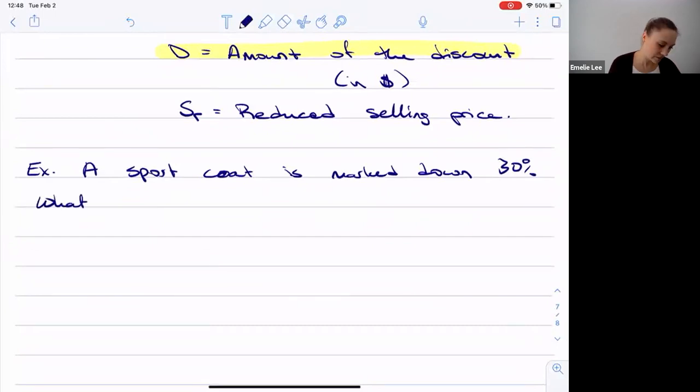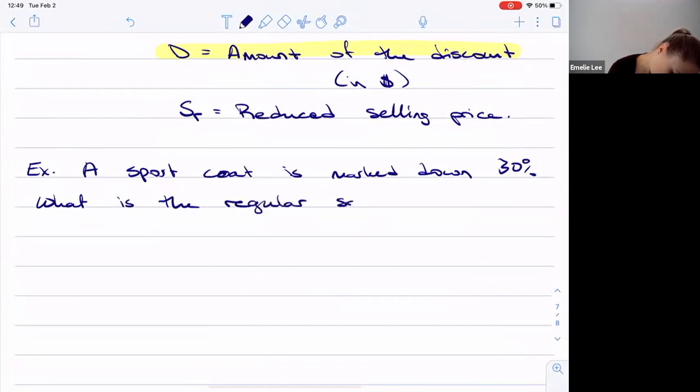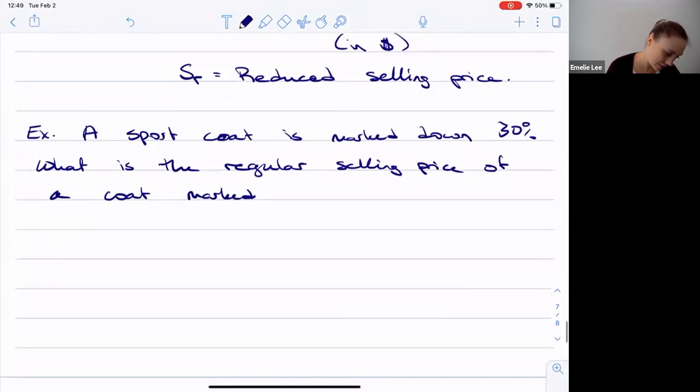What is the regular selling price of a coat marked down to $100?